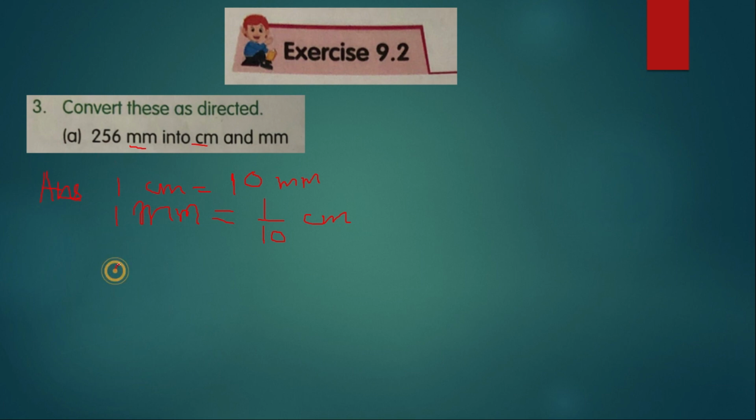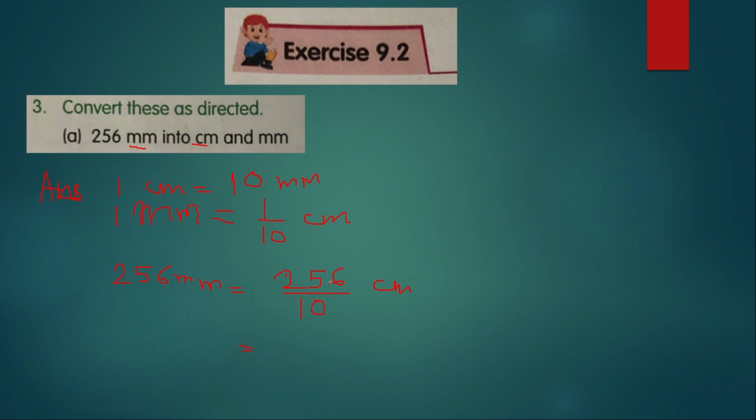So when we are converting 256 millimeter to centimeter, we need to divide 256 by 10, and it will be in centimeter. When we are inserting the decimal, we need to count the number of 0s, just 1 zero. So we count from the back end side.